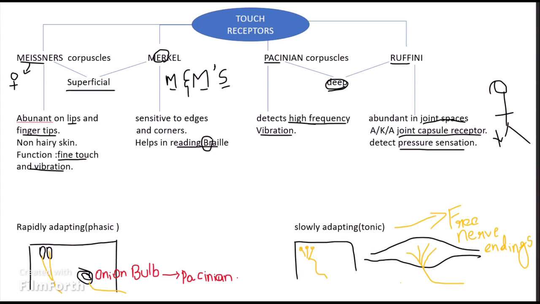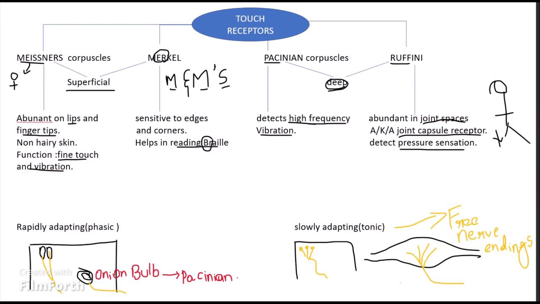Therefore, these are more abundant in joint space, and pressure sensation is detected by Ruffini's. These can also be divided into rapidly adapting and slowly adapting. Based on their location, we have divided them into superficial and deep receptors. M&Ms are superficial, Pacinian and Ruffini are deep.